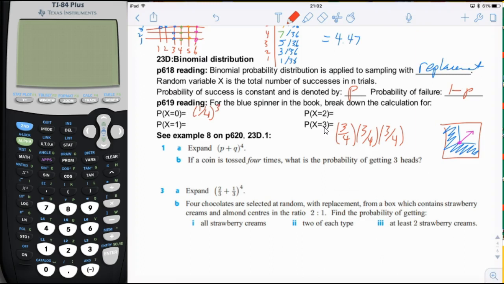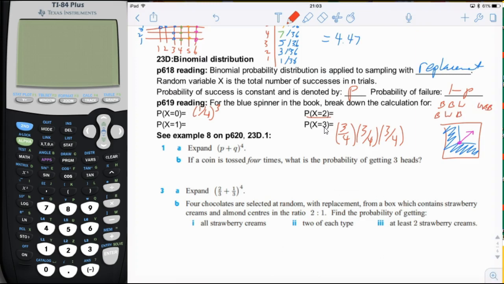Okay. What's the probability that you are going to get 2 spins in blue and 1 spin in white? Well, you have to be careful here, because it's not just going to be 3/4 times 3/4 times 1/4, because you could get blue, blue, white, you could get blue, white, blue, or you could get white, blue, blue.